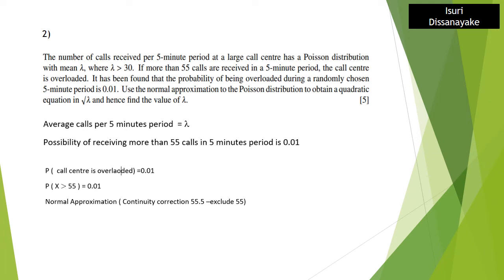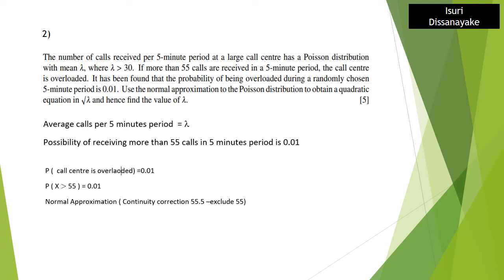And the question says to use normal approximation. Because we are using normal approximation, we have to use the continuity correction. So we can say it is more than 55. So when it is more than 55, 55 is excluded. So excluding 55, we are going to add 0.5.